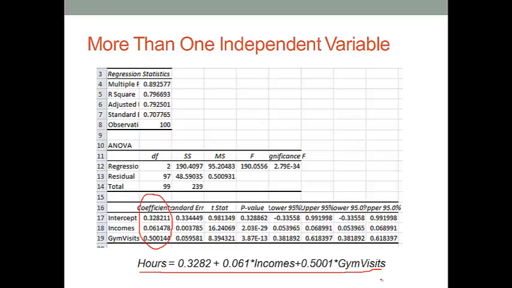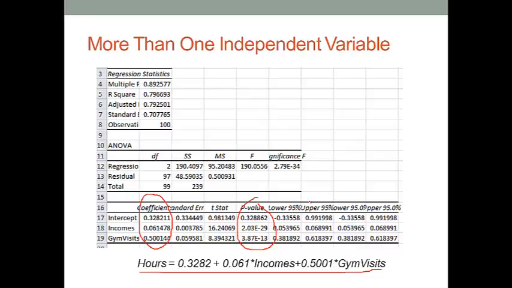Let's say the level of significance is 5%, 0.05. So we compare each p-value to 0.05. Looks like the p-values for incomes and gym visits are less than 5%. They are very small numbers. But the intercept is not less than 5%. It's greater than 5%.